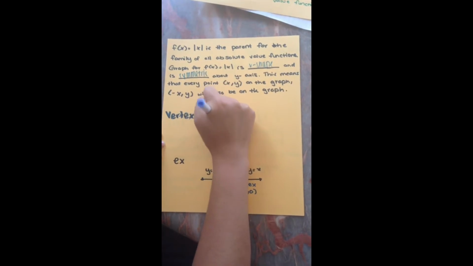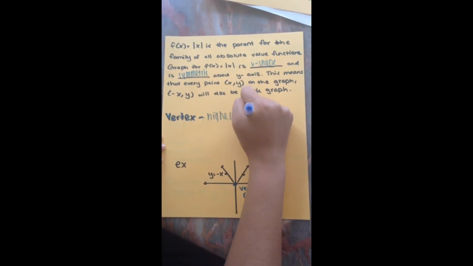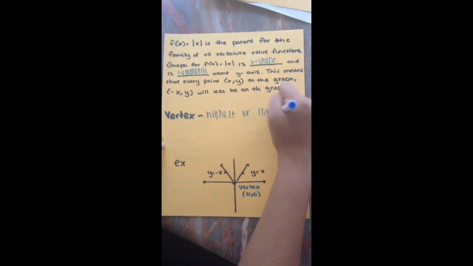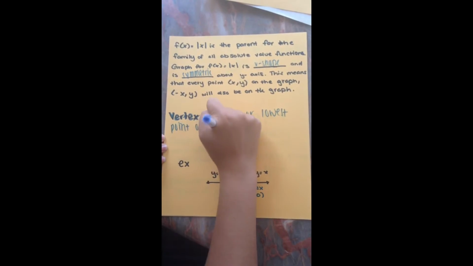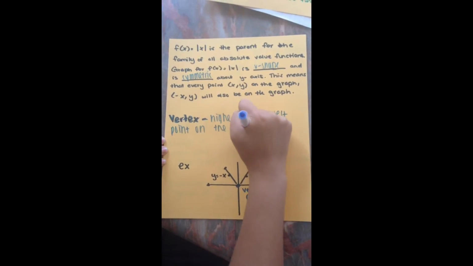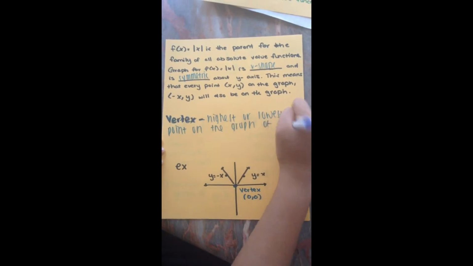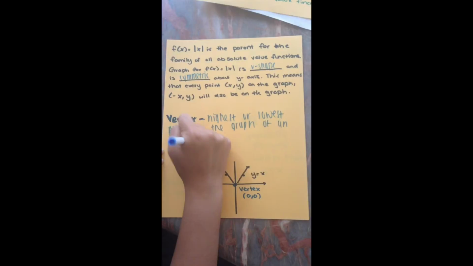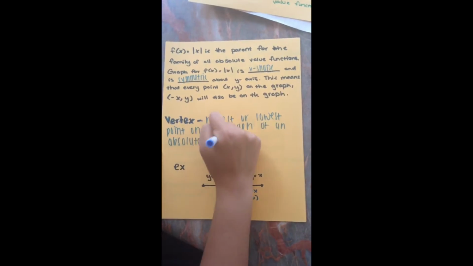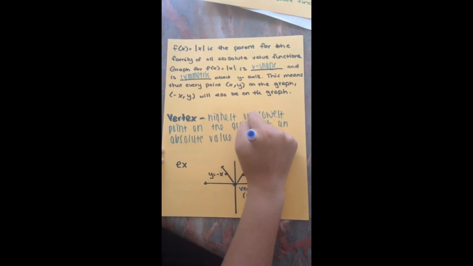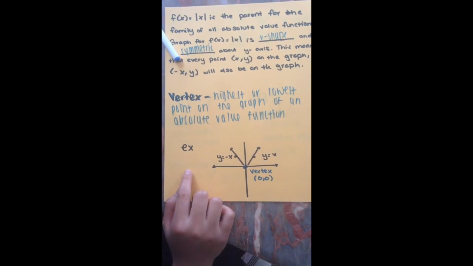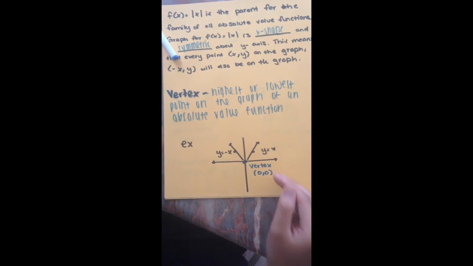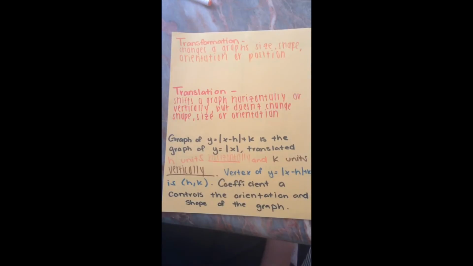The vertex is the highest or lowest point on the graph of an absolute value function. For example, here is the vertex and this is the lowest point of the graph.